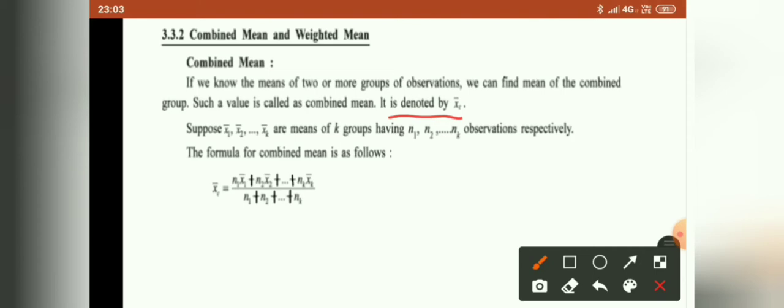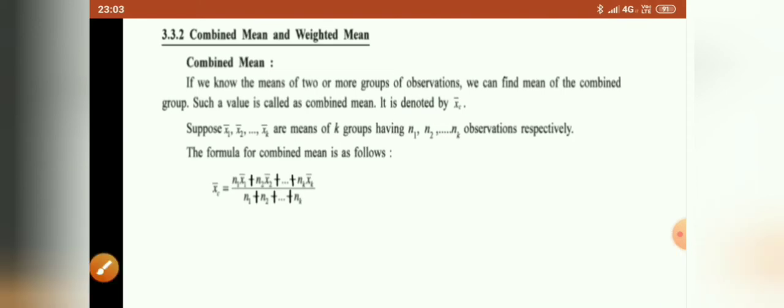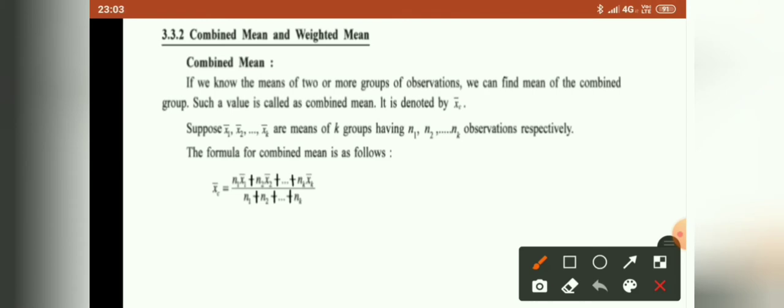Now what is the formula to find combined mean? The formula is n1 x bar 1 plus n2 x bar 2 till nk x bar k. K means how many groups you have. For example, if you have 5 groups, then n1, n2, n3, n4, n5, till 5 you have to go. If you have 3 groups, then you go till 3, that is n1 x bar 1, n2 x bar 2, n3 x bar 3.